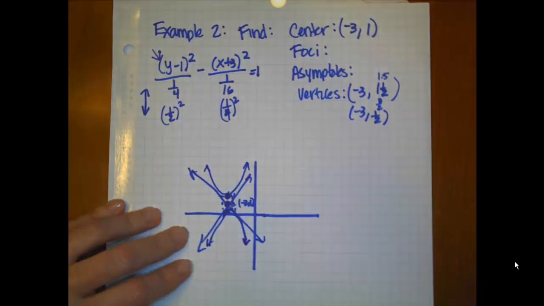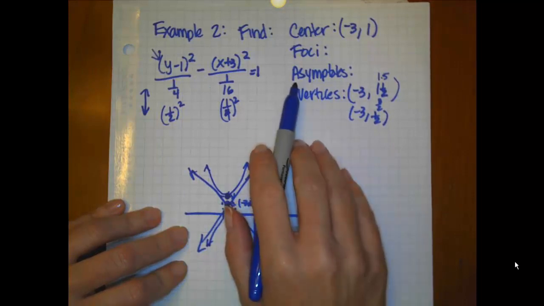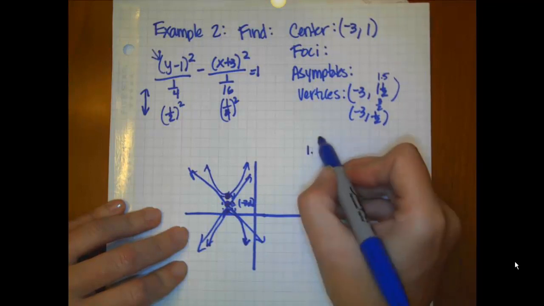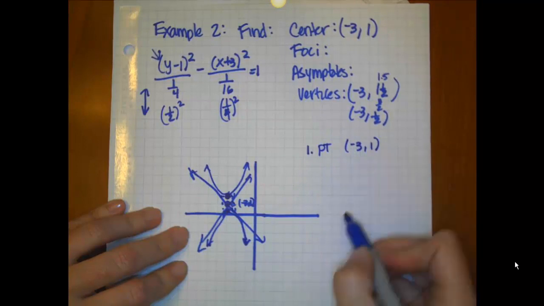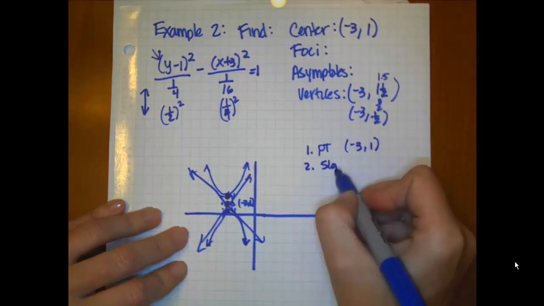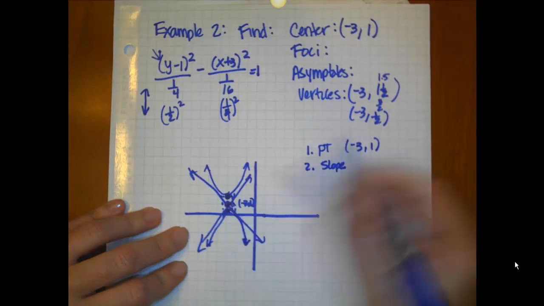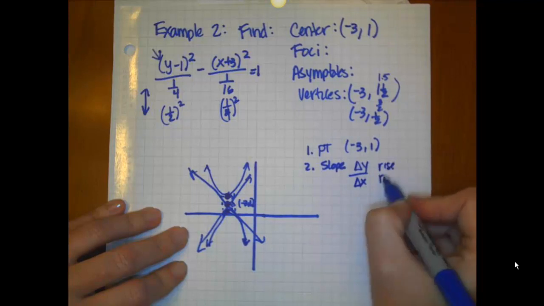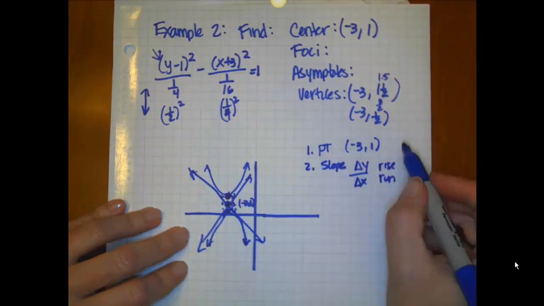Okay. So let's figure out what the equation is of those asymptotes. Well, again, when I write an equation of a line, I need a point. Well, their common point is the center, negative 3, 1. Then I need a slope. Well, my slope is my change in y over my change in x, or it's my rise over my run. From the center to the vertex, I went up 1/2.